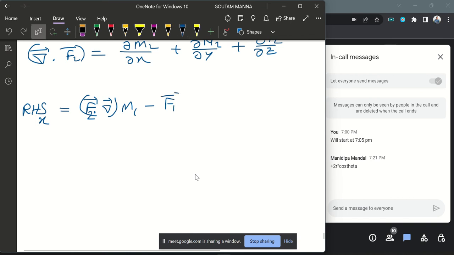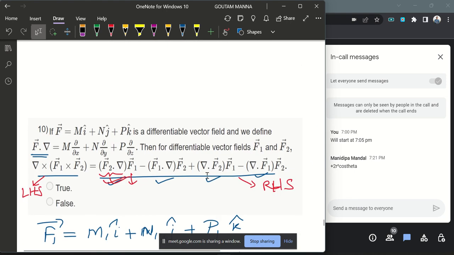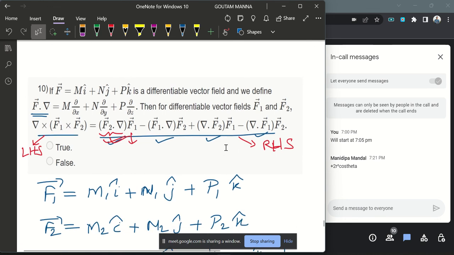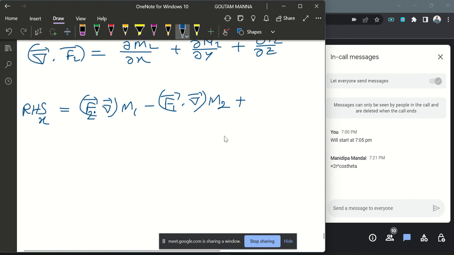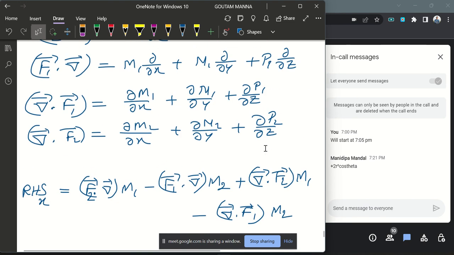So F1 dot operator times M2, plus divergence of F2 times the x component of F1, that is M1. So divergence of F2 times M1 minus divergence of F1 times M2, the x component of F2 vector.